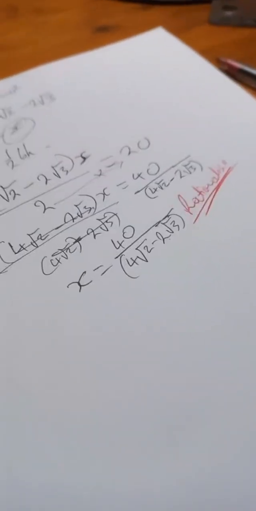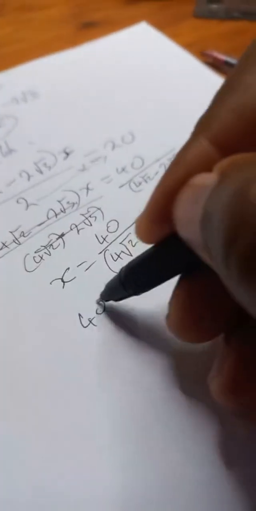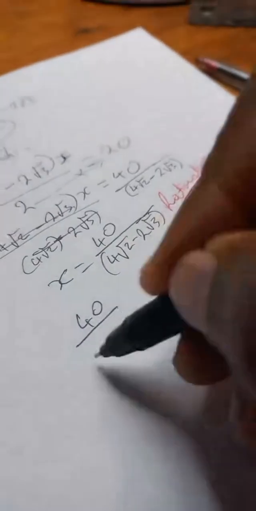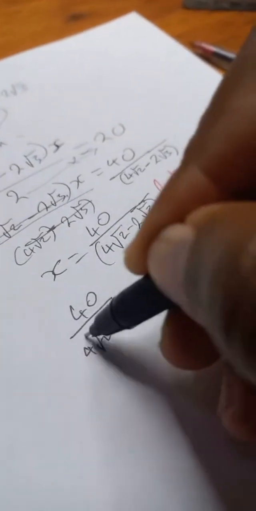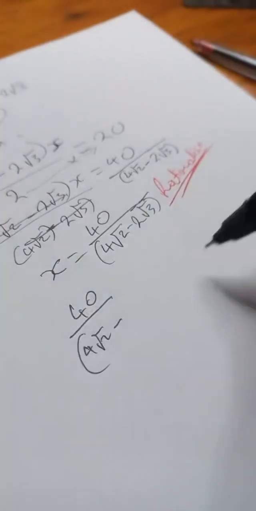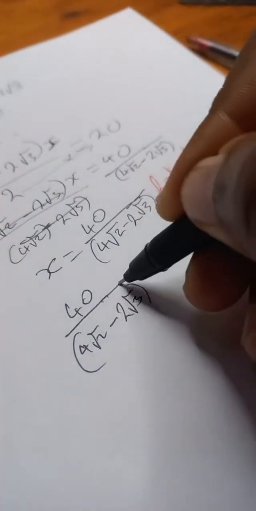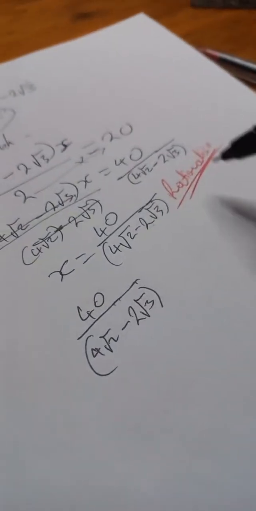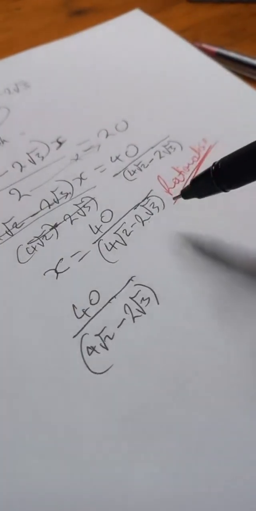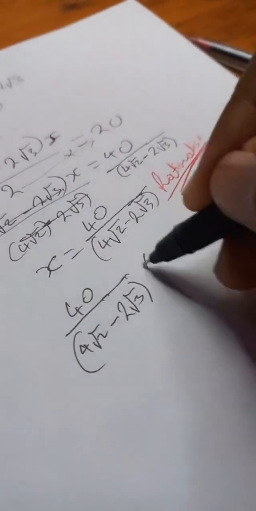So to rationalize it, what do we do? 40 over 4 square root of 2 minus 2 square root of 3, close bracket.